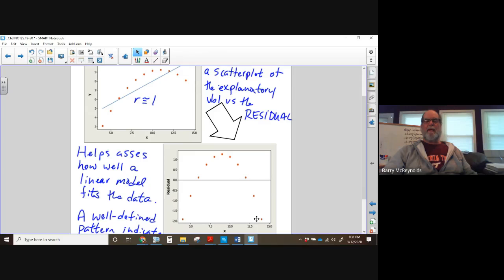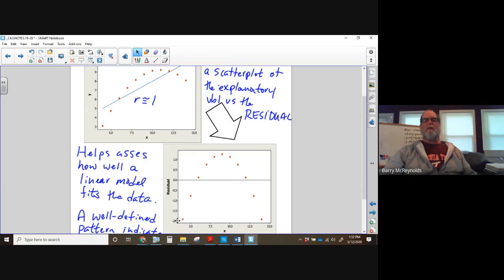What you want on a residual plot for it to be okay is for the data to be randomly scattered. You want some dots above and some below, in a random nature.